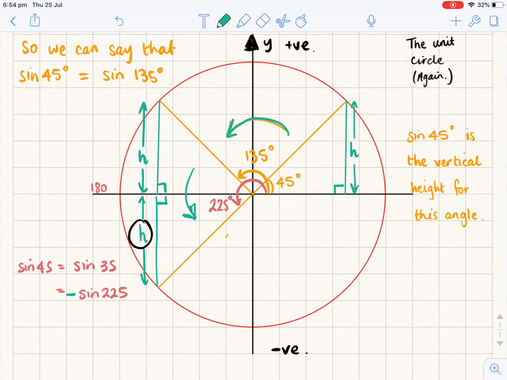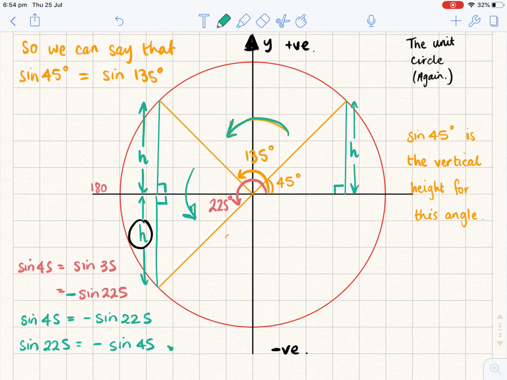So we can write this lots of different ways. We can say sine of 45 is equal to negative sine of 225. Or we can say sine of 225 is equal to negative sine of 45.